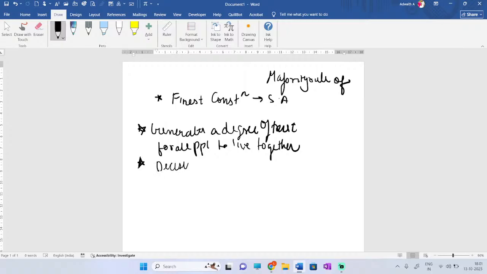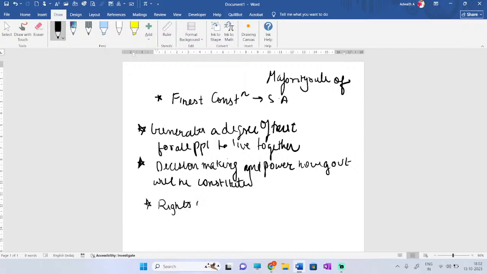Decision making. Rights of citizen. Aspirations of creating a good society.